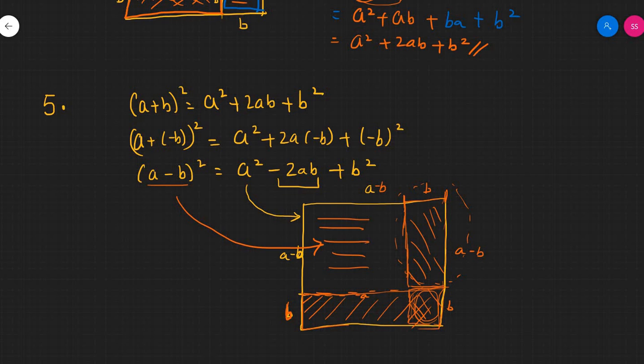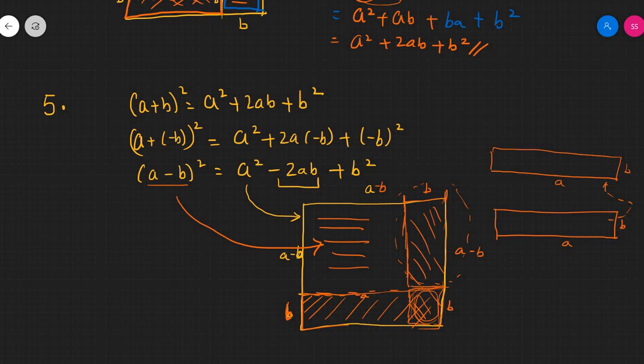Another way to visualize this would be, you have these two sheets of a cross b, and you have another sheet of a cross b. Now you take this and put it above, and you get this.